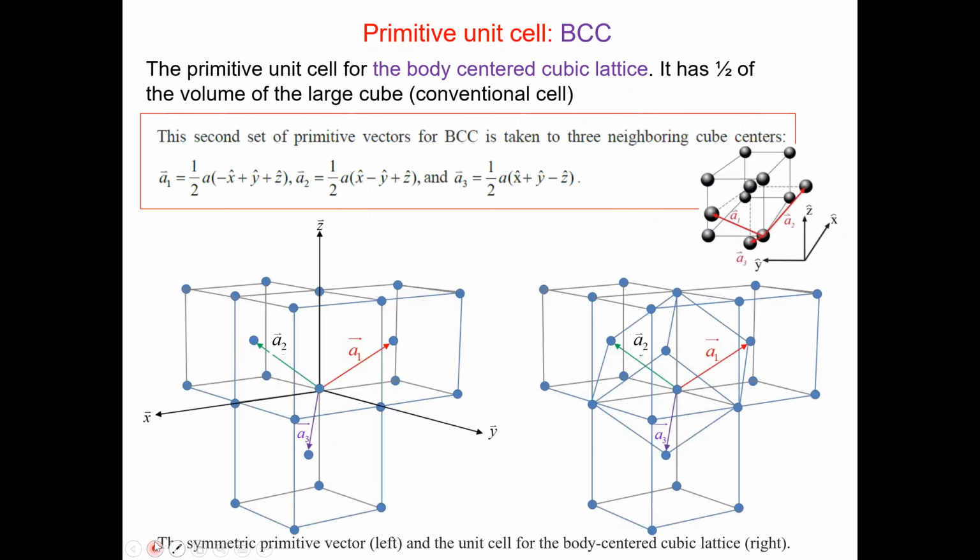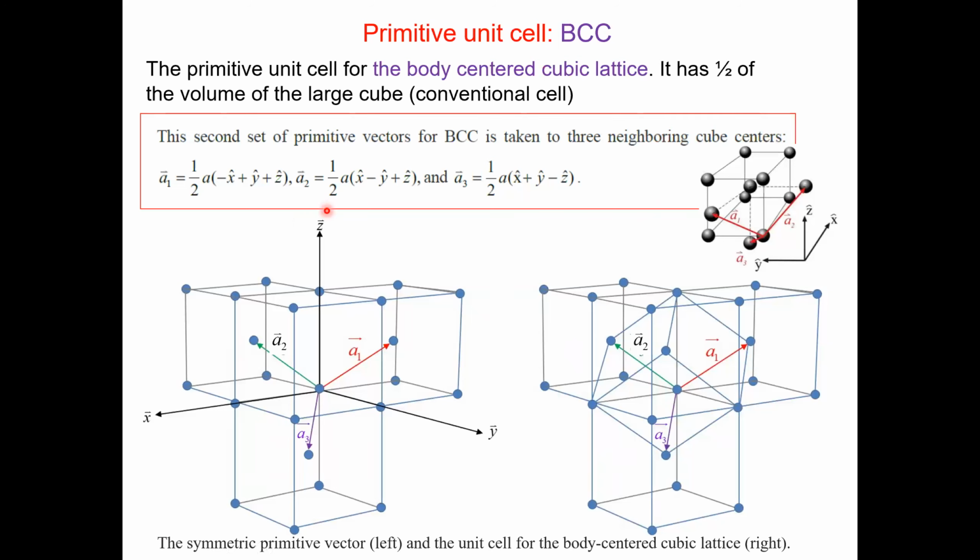Okay, so move to primitive unit cell for BCC. For simple cubic, it's easy, right? Because a1, a2, and a3, which are primitive vectors for simple cubic, are all perpendicular to each other. So when you build up, it's going to be just itself, right?